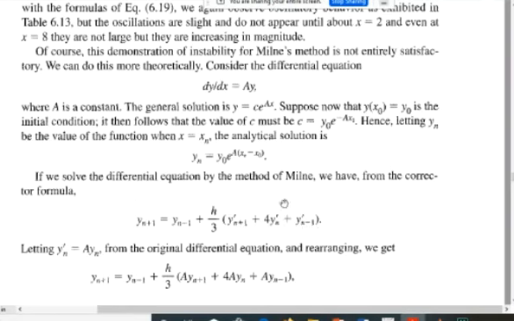This is the formula for the multi-step method.